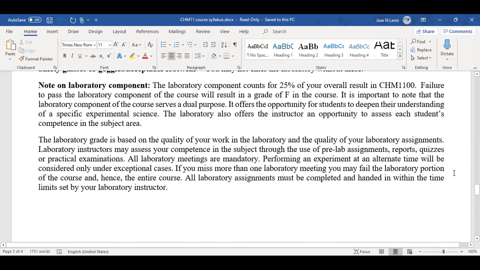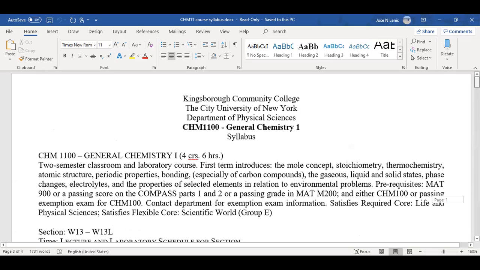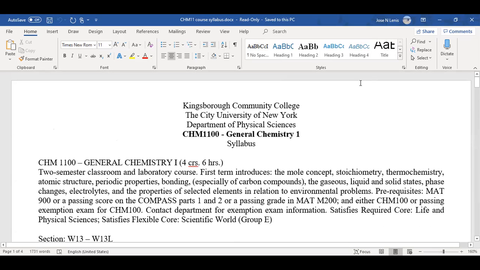And I'm going to jump to the adapted syllabus here. I'm going to close this one and adapt to the next one, the adapted syllabus here.